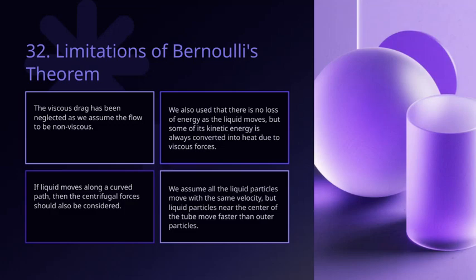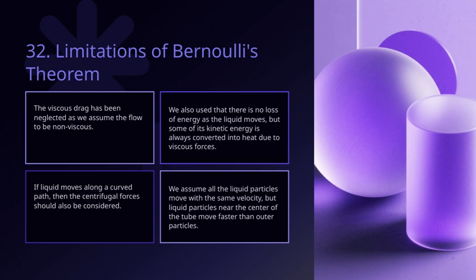In this slide, I want to highlight some important assumptions we make when dealing with liquid flow. First, we often assume that all the liquid particles move with the same velocity, which simplifies our analysis. However, in reality, particles near the center of the tube tend to move faster than those near the outer edges.